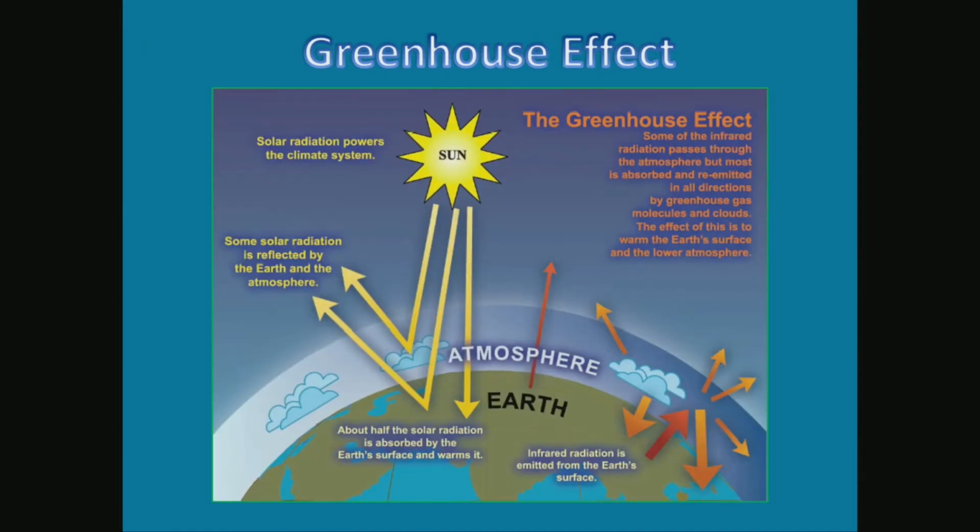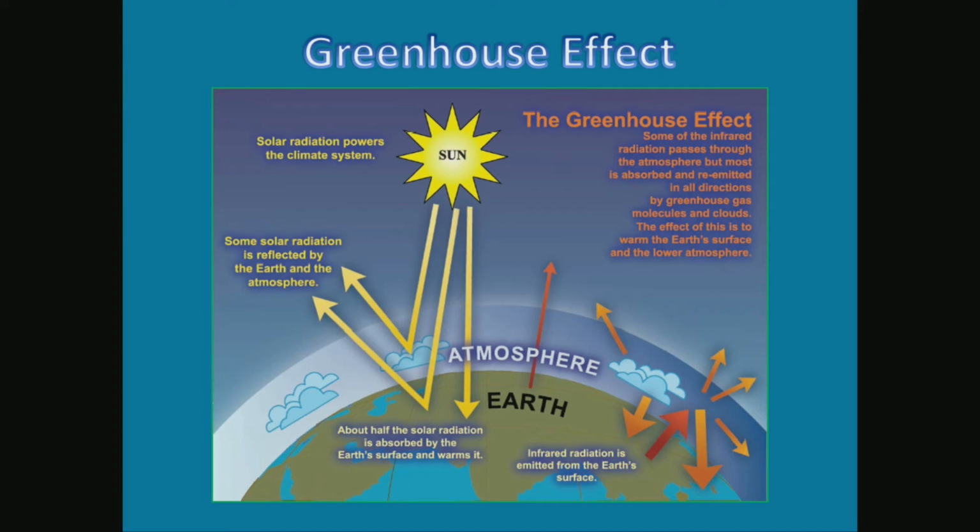Okay, so here's in essence how the greenhouse effect works. All right, the sun shines down, and heat is either absorbed or reflected. Okay, it's either absorbed or reflected. Those greenhouse gases affect what's absorbed and what's reflected.